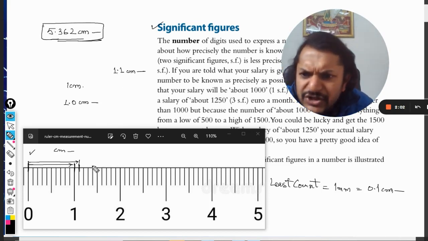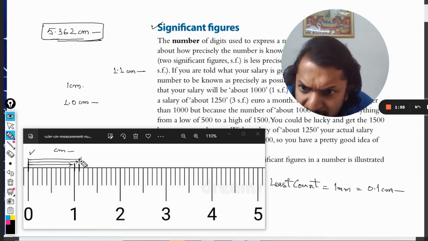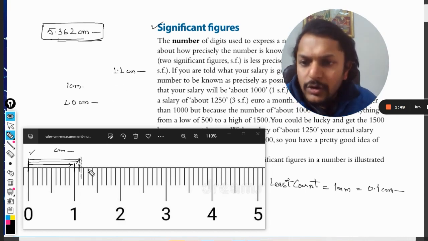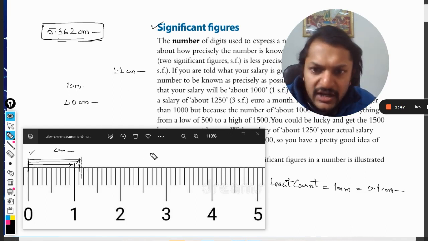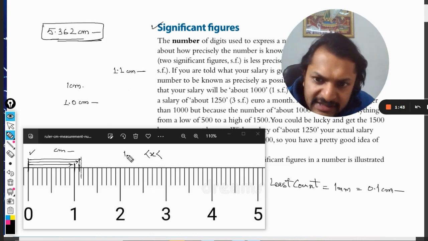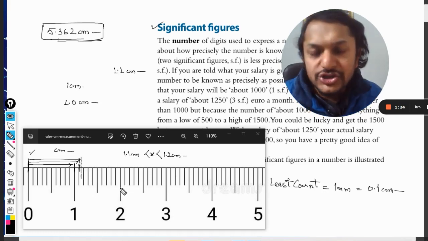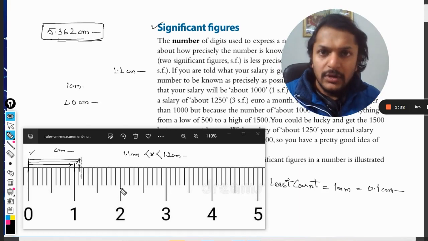But what about a measurement that lies somewhere in between? For example, I make a measurement and it falls in between. Now in this third case, I am sure that the length x is more than 1.1 centimeter and less than 1.2 centimeter, but I am not sure about its value.